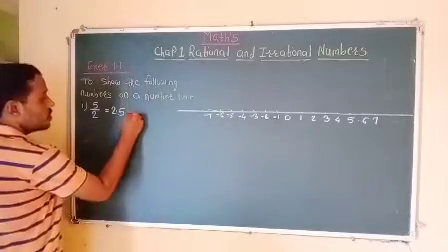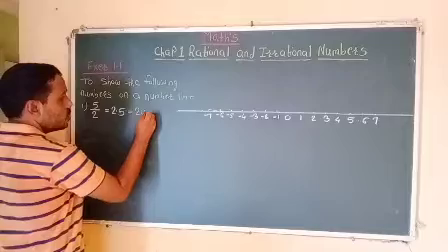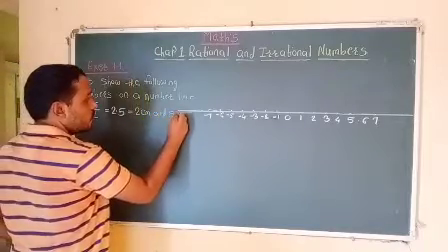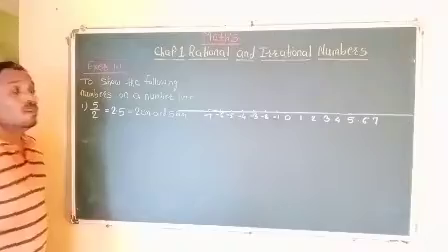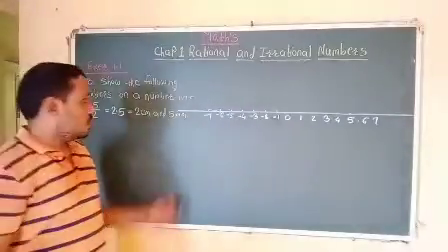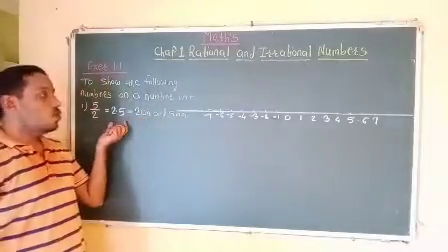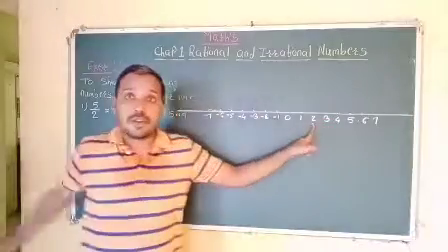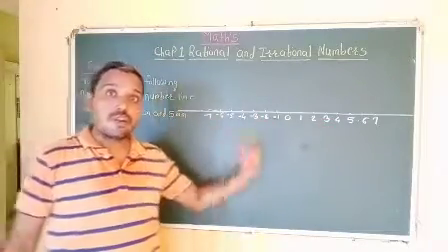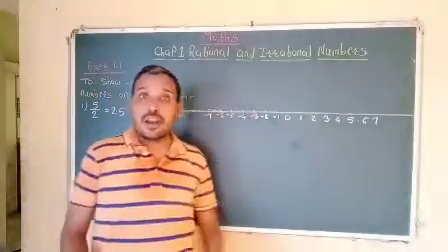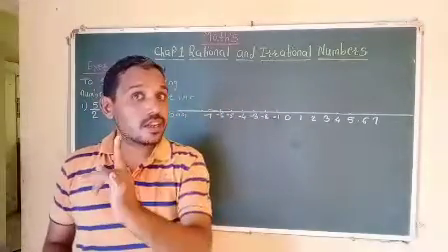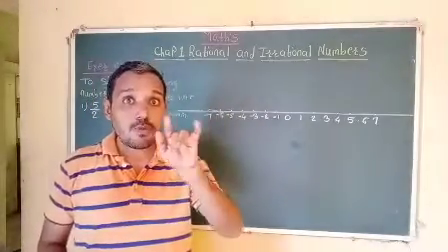2.5 means what? 2.5 means 2 centimeter and 5 millimeter. That means it lies in between 2 and 3. We can draw it by using the scale. On your scale, we have seen that in between 2 and 3, there are 10 small lines.